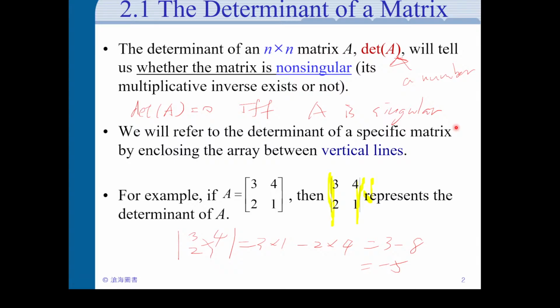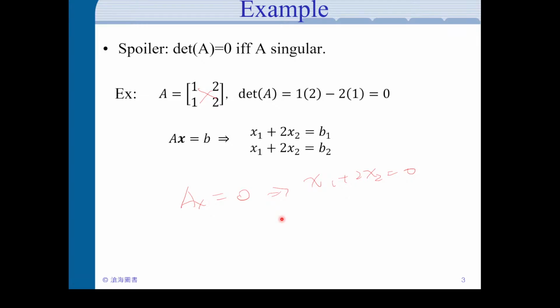Okay. And then there are two notations we have for determinant. One is det and parenthesis A, and another one is to put two straight lines around the numbers of A. So the two straight lines around 3, 4, 2, 1 is the determinant of A. For a 2 by 2 matrix, there is a formula to calculate the determinant that is quite easy.